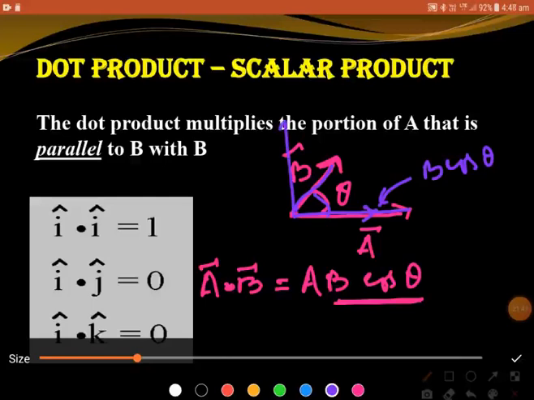And the component along the y-axis, the one not having theta, will be equal to b sine theta.